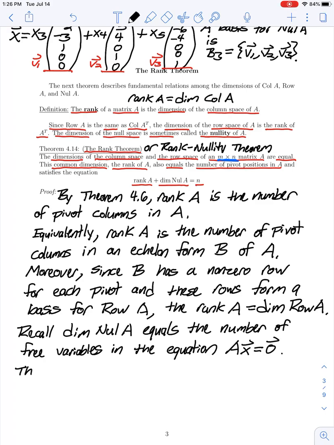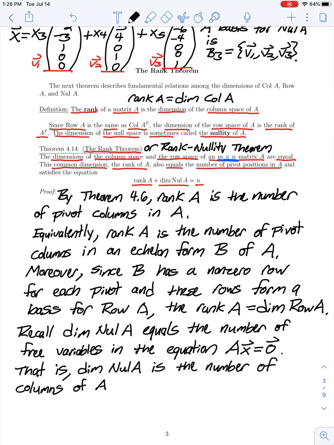So that is, the dimension of the null space of A, or the nullity of a matrix, is the number of non-pivot columns, or the number of columns of the matrix A that are not pivot columns.